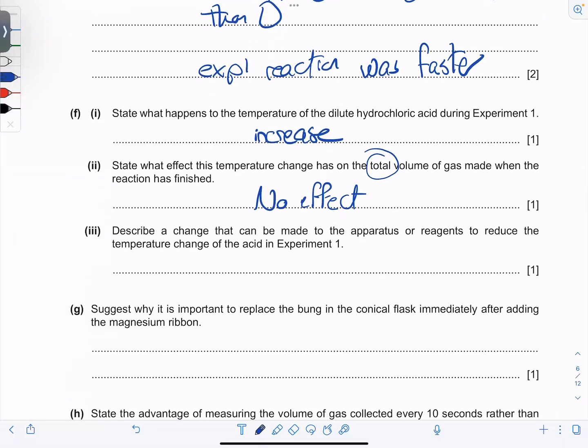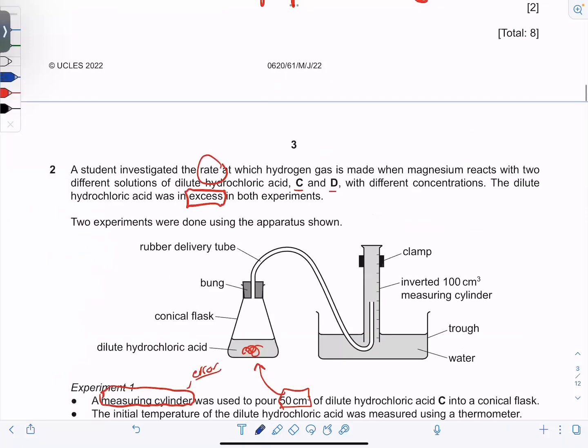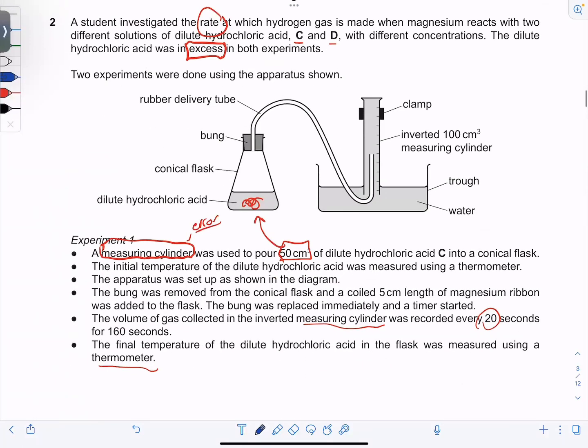Part F, 3 says describe a change that can be made to the apparatus or reagents to reduce the temperature change of the acid in experiment 1. Let's go back to experiment 1 here. Okay. He did this experiment and wants to reduce the temperature change of the acid, meaning he wants the temperature change to be smaller.